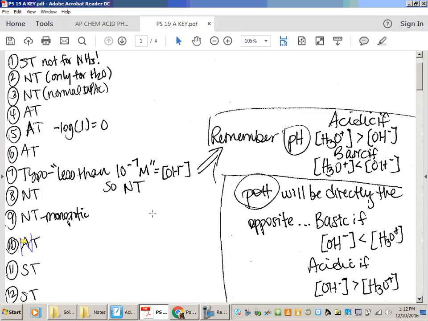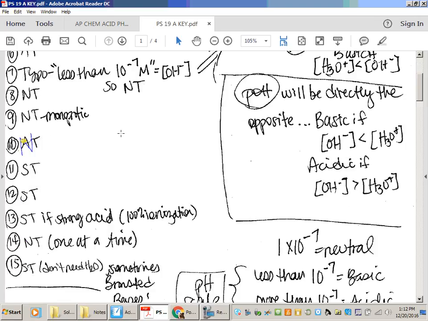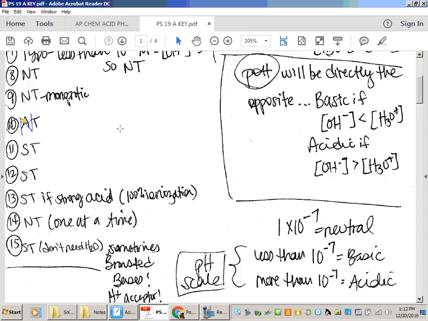The way 7 was written was not. I think I maybe fixed that. This is a really high-level key. So 8, never. 9, never. 10, never. 11, sometimes. 12, sometimes. 13, sometimes. 14, never. And 15, sometimes.